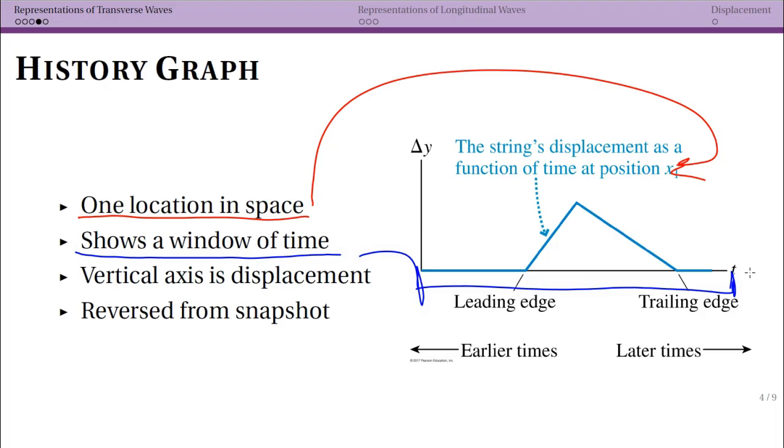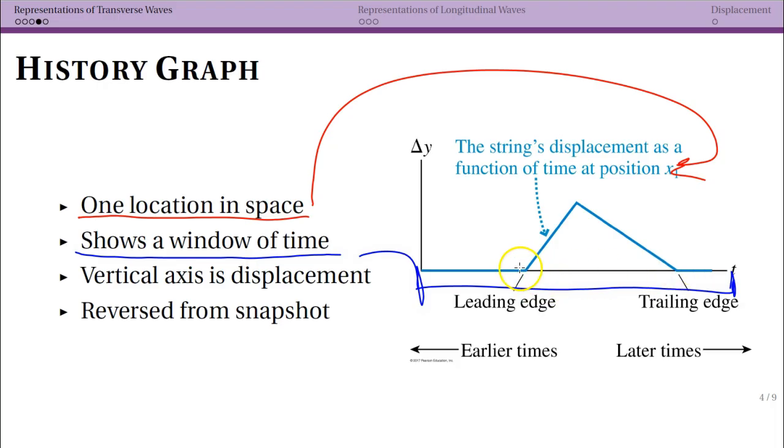This is again just like what it was on the snapshot graph, but something to notice is that it's going to look reversed from the snapshot. And the reason for that is that this is what happens first, and then this is what happens later. So remember that when we watched our point moving up and down, it first moved towards the leading end, what we would call the leading edge of the pulse, and then towards the trailing edge.